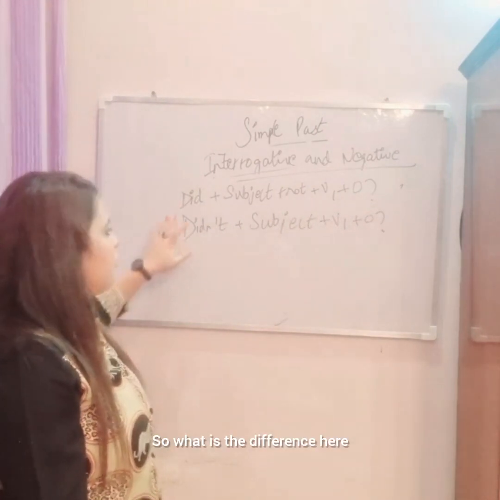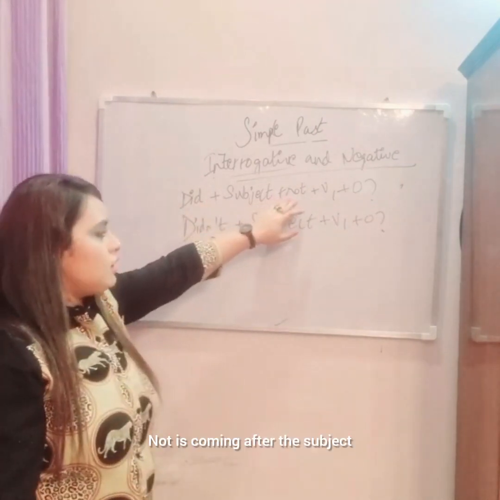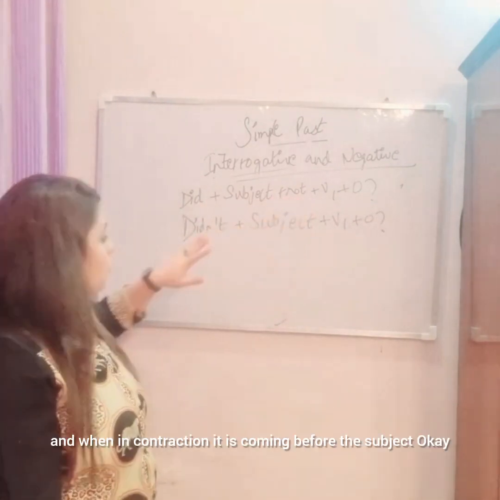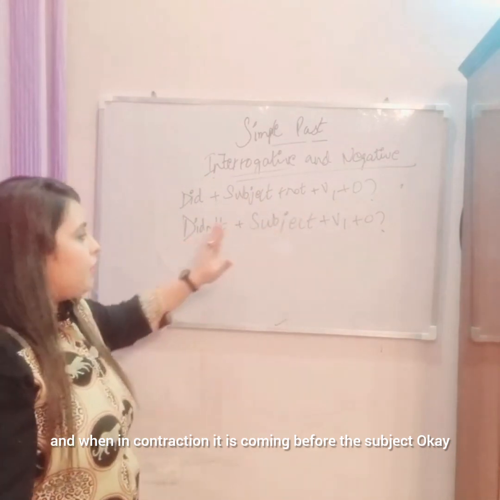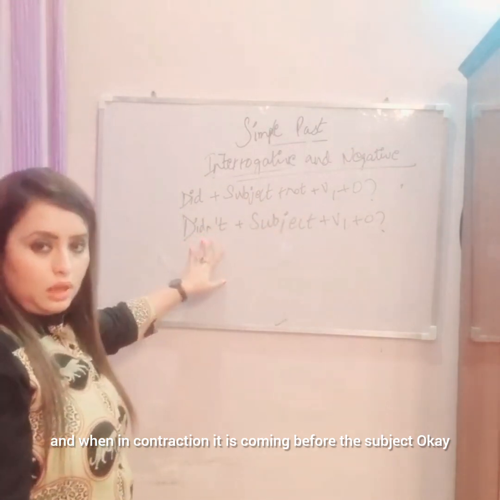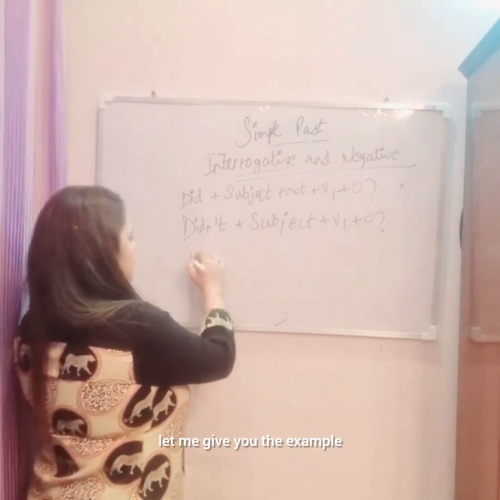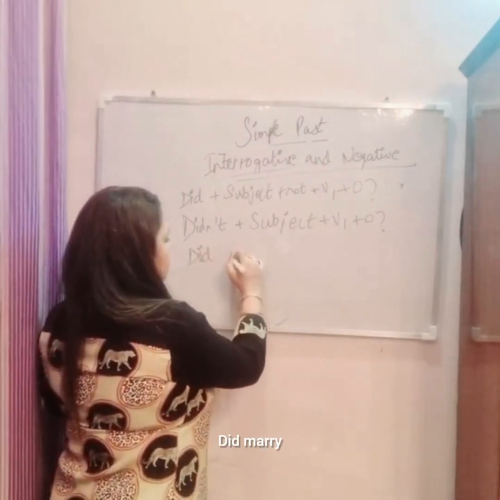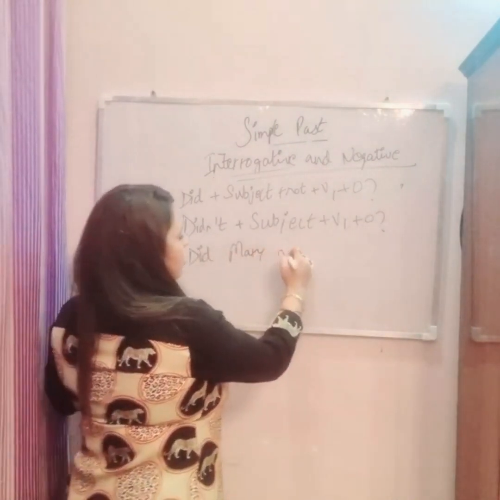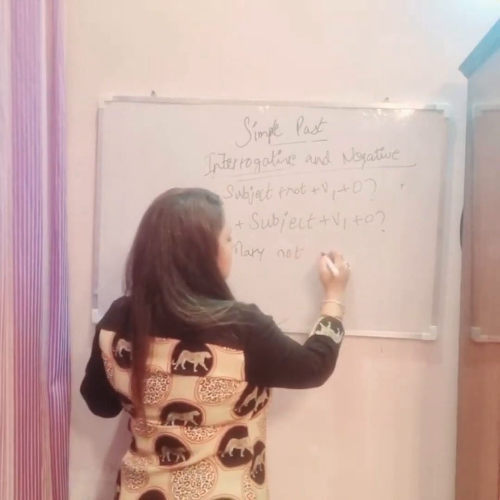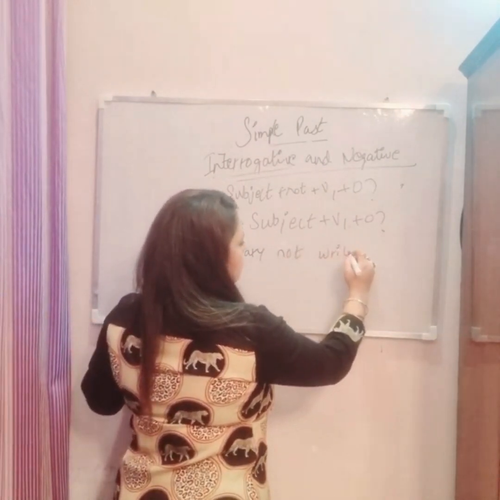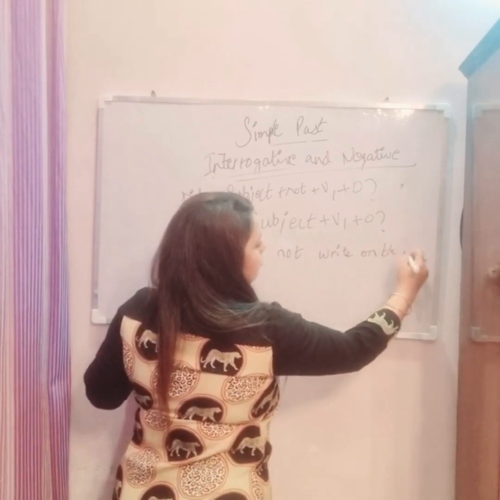So what is the difference here? Not is coming after the subject, and when in contraction it is coming before the subject. Okay, let me give you the example. Did Mary not write on the paper?